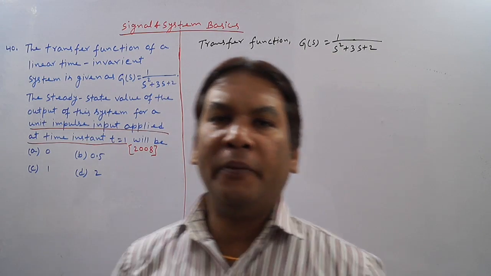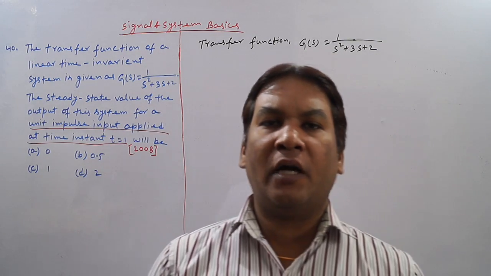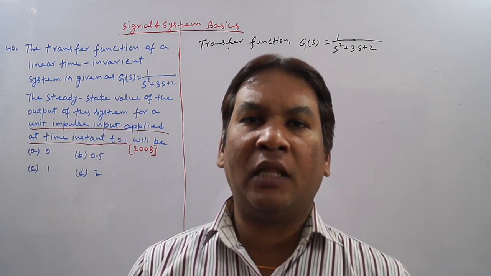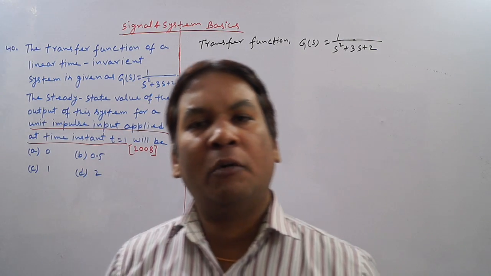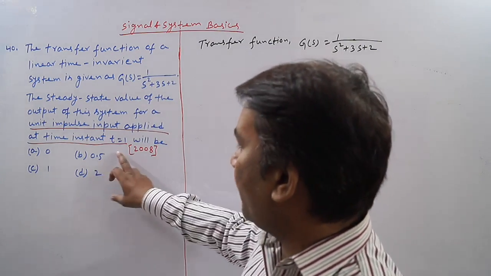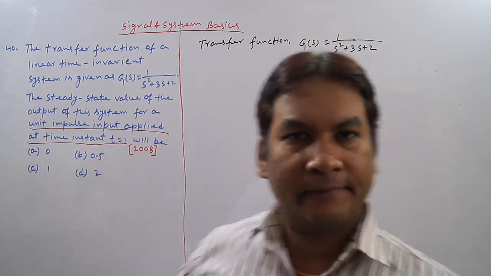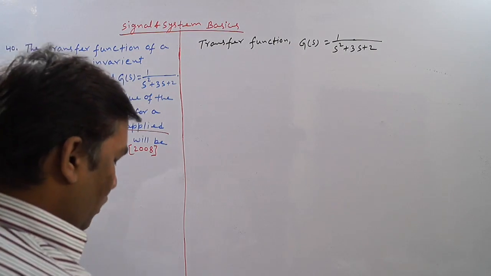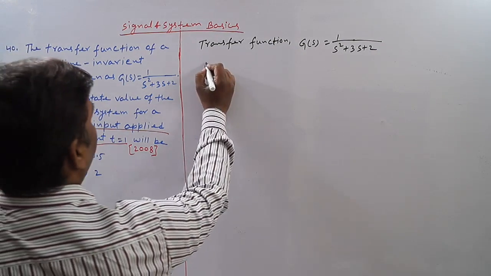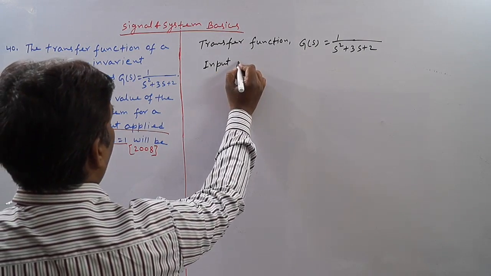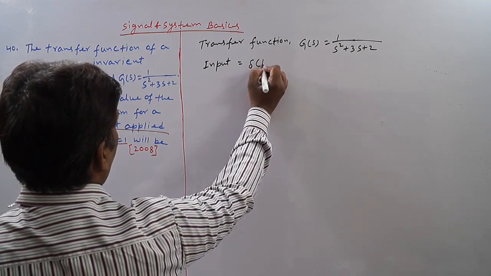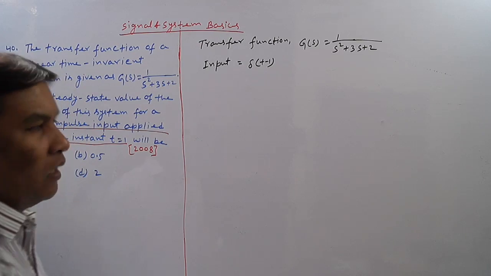If we denote the impulse input by delta t, then this impulse input will be denoted by delta t minus 1 because it is applied at t equal to 1. So the input is nothing but delta t minus 1.